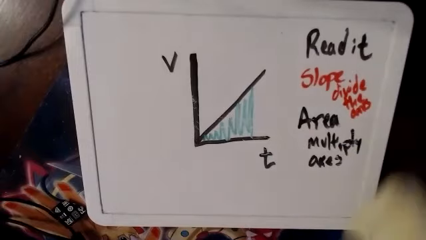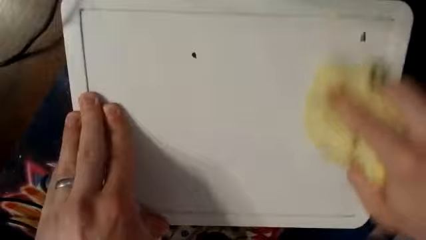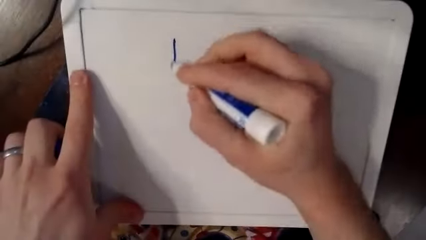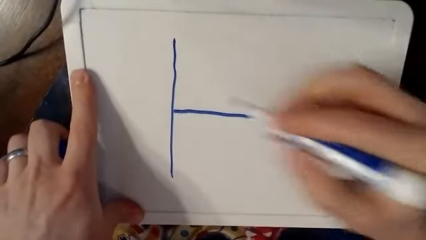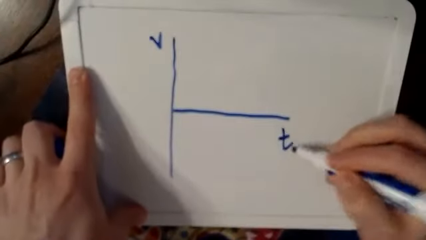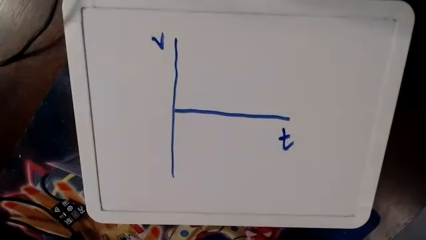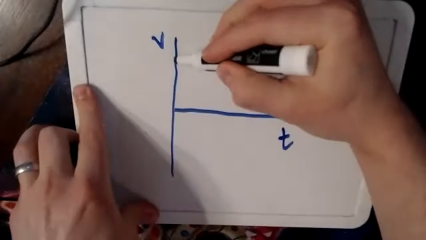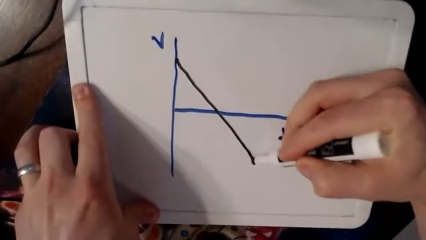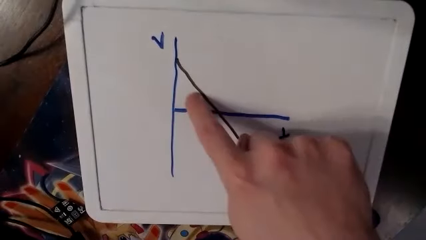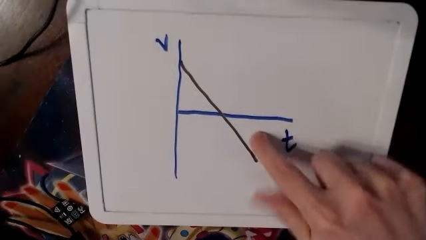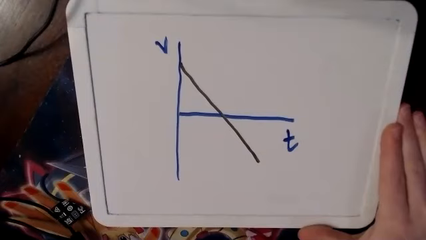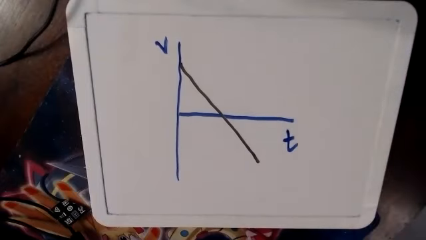A common graph that would be useful would be for a vertical projectile, just something tossed straight up into the air, in which case we would get a velocity versus time graph that would start with something positive, approach zero, and then go negative. Noting here that we have a positive displacement and a negative displacement as we move on from there.